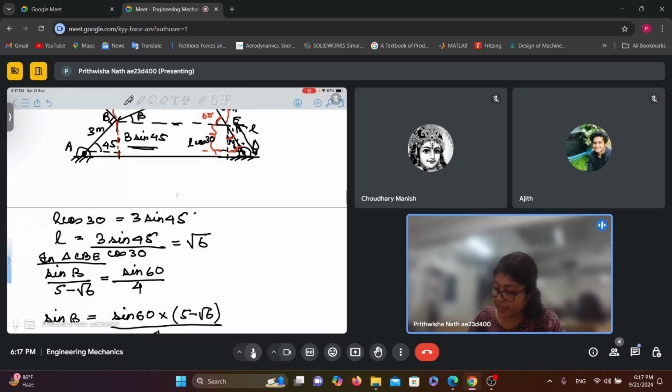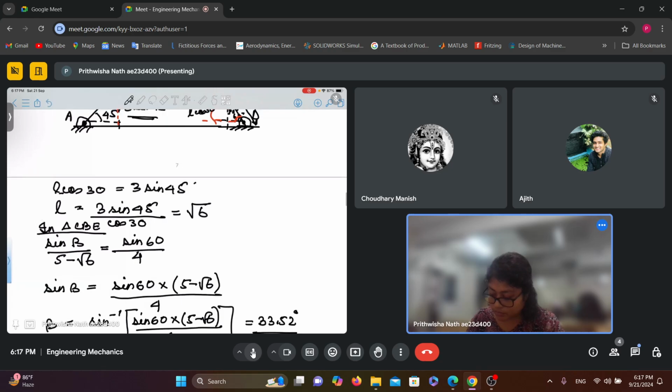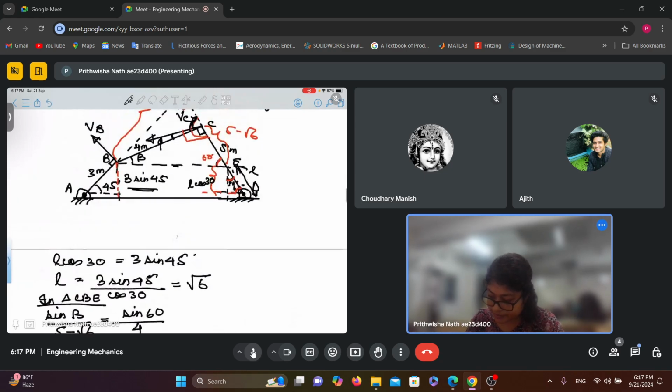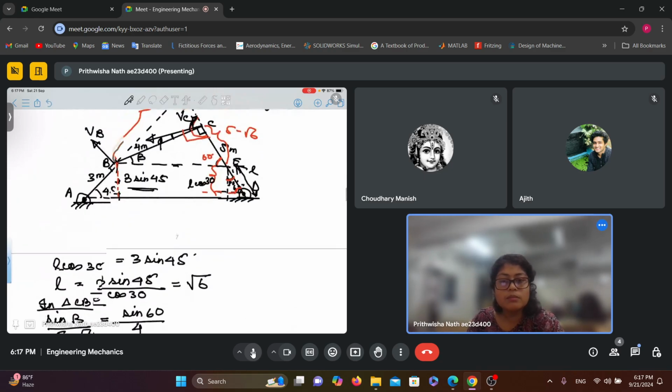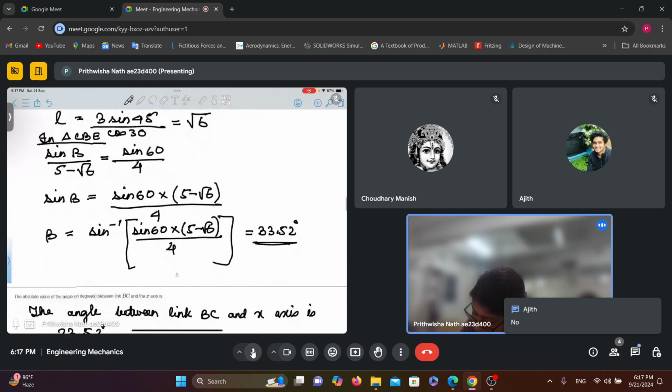So from there I get sine beta equal to this expression, and from there I get the angle beta. So is there any doubt regarding this? Okay. So now I got beta.